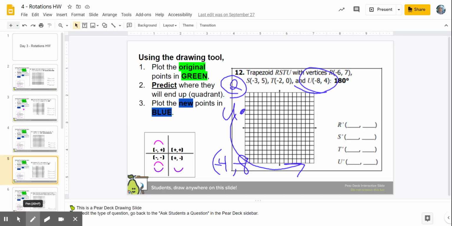Because it's going 180 degrees, it's going to go back to the 4, 8. Which one of those is negative, if it's landing in quadrant 4? Is the 4 negative or the 8 negative? The 8. Okay. So U prime becomes 4, -8.